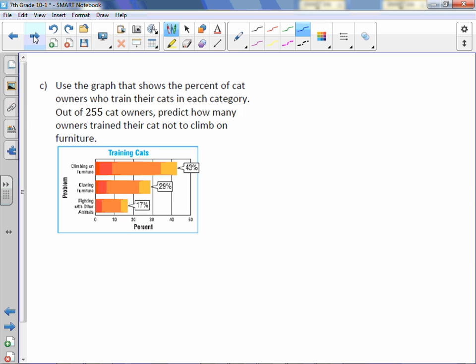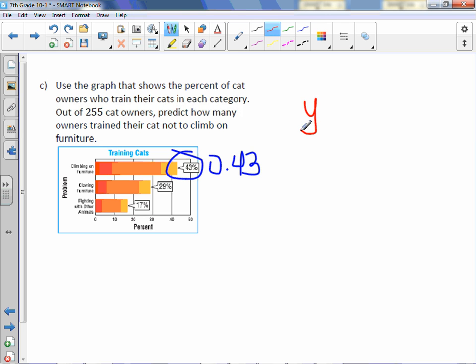Use the graph that shows the percent of cat owners who train their cats in each category. Out of 255 cat owners, predict how many owners train their cat not to climb on furniture. So climb on furniture is this first category here, which is 43%. 43% as a decimal is 0.43.